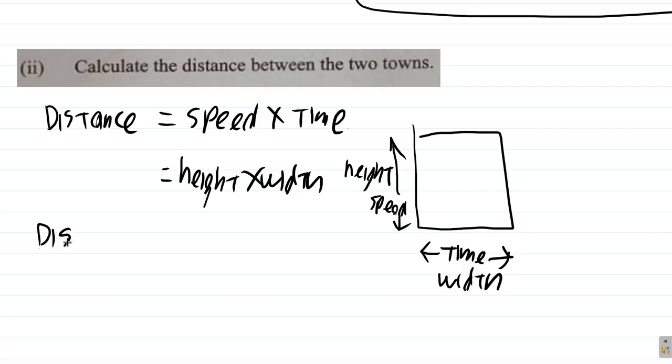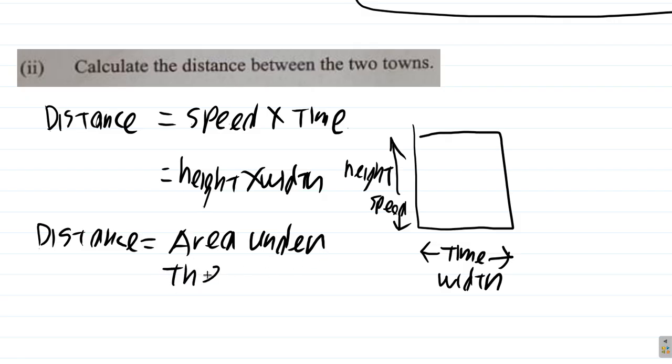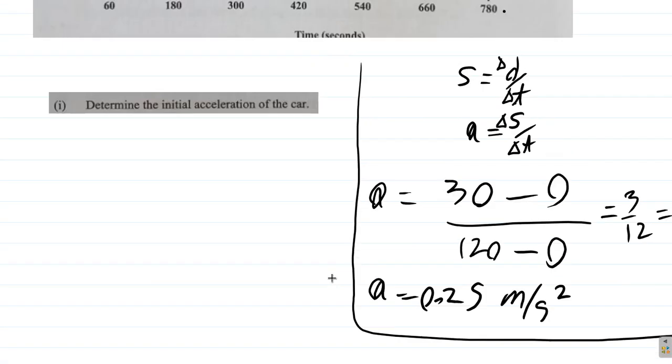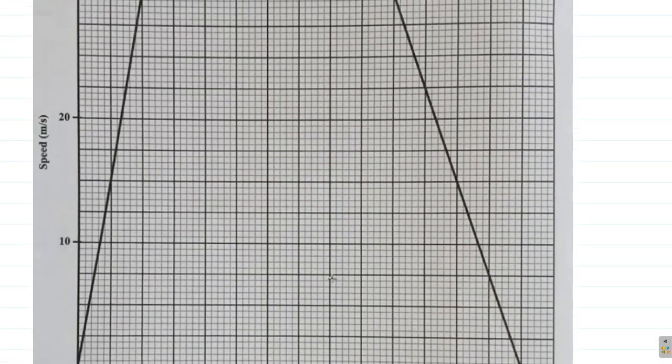So the distance is really the area under the graph. You see that? So we're going to find the area under the graph.